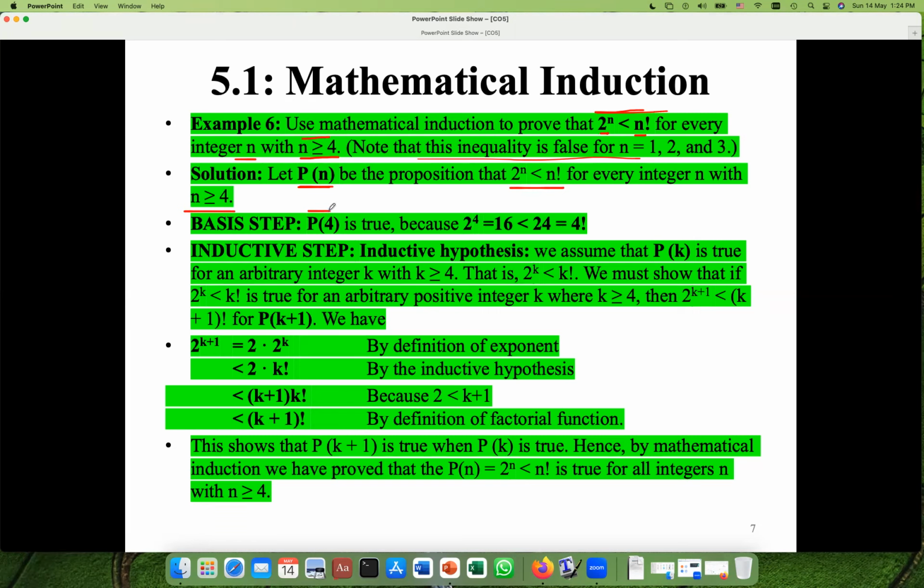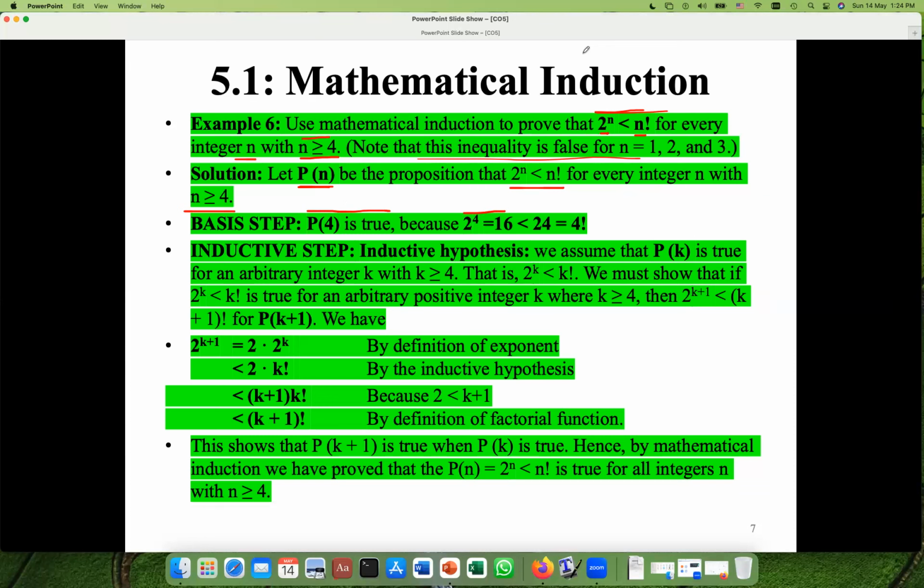So P of 4 is true, because we put 4 here: 2 raised to the power 4 is 16, which should be less than 4 factorial. What is the factorial of 4? 4 multiplied by 3, then multiplied by 2, then multiplied by 1.